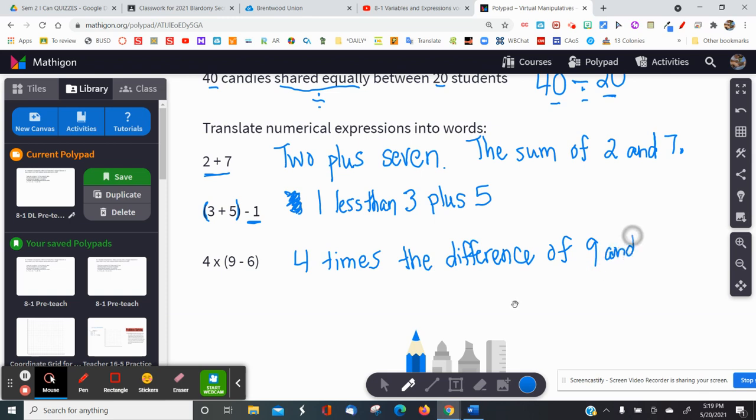Now we have to be careful here. With 9 and 6, I see this word and, but it doesn't mean addition because I'm talking about the difference of. When I see difference, I know that's subtraction. I'm just talking about these two numbers. I'm finding the difference too. So 4 times the difference of 9 and 6.